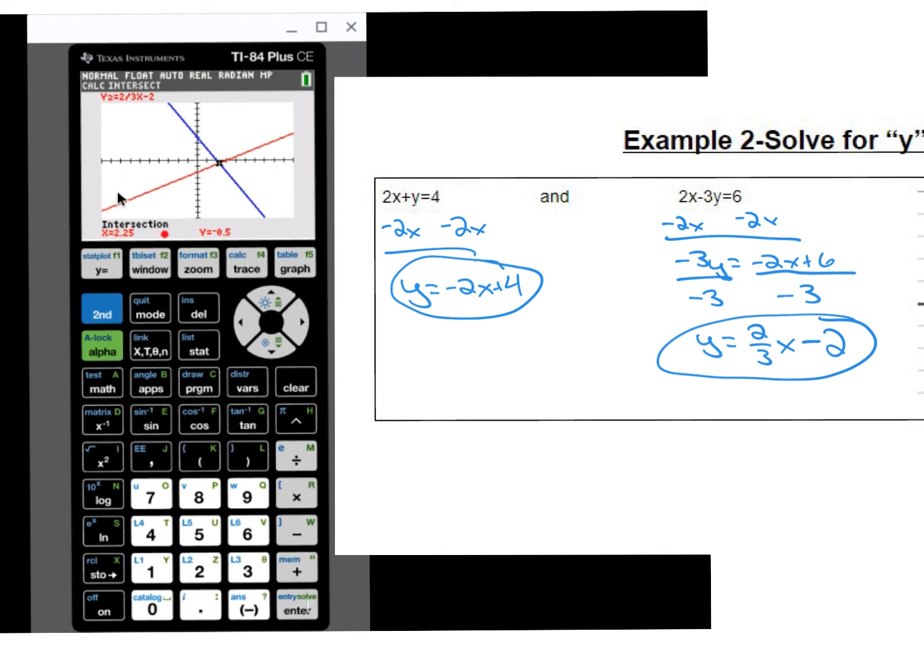It's going to come up right down here with our intersection point at 2.25, negative 0.5, which we can see the 2.25 sounds reasonable, and down a half looks pretty good. So our answer here would be 2.25 as our x, negative 0.5 as our y value. Okay, and that's it.